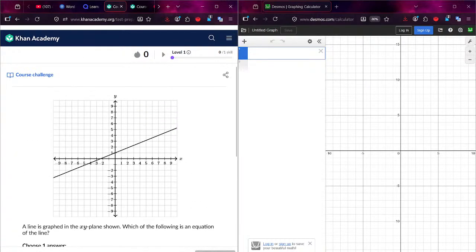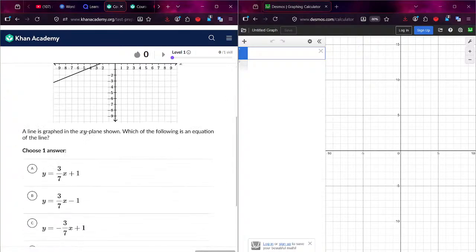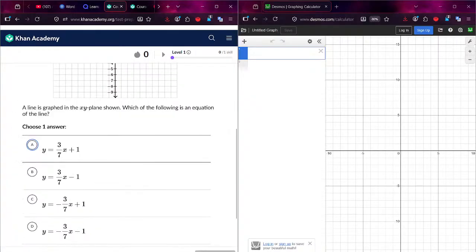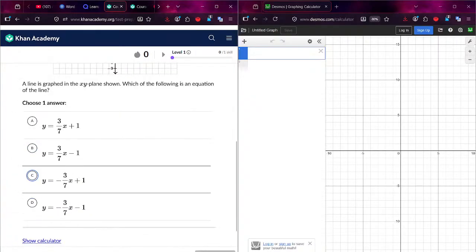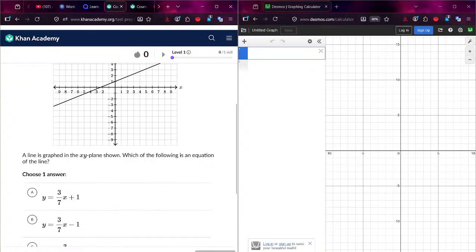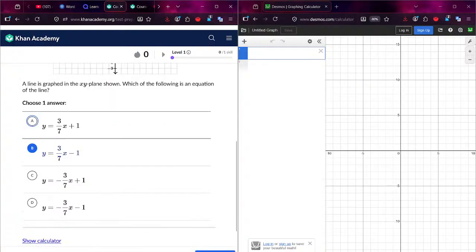If you look at the line, you can graph these and figure it out. But it's not going to be negative because the slope is going from a lower part to a higher part. So that means it's going to be a positive slope, which is y equals mx plus b, where m is the slope. So 3/7 is correct.